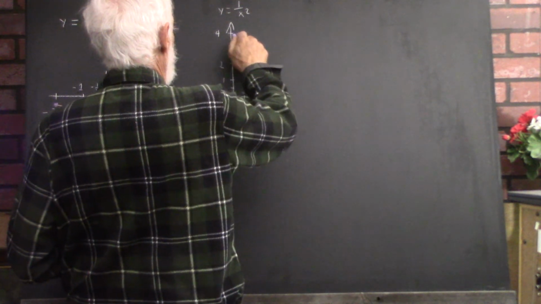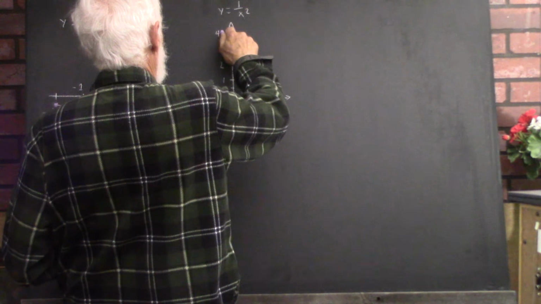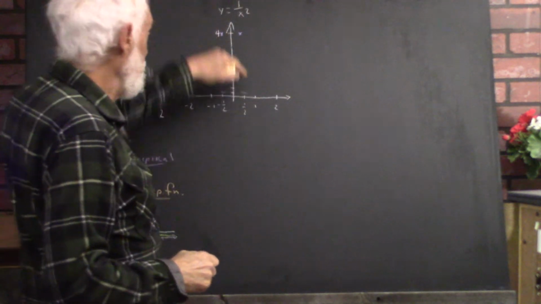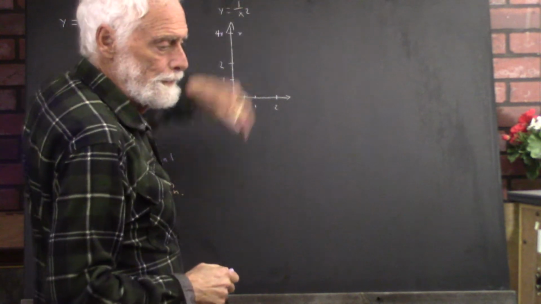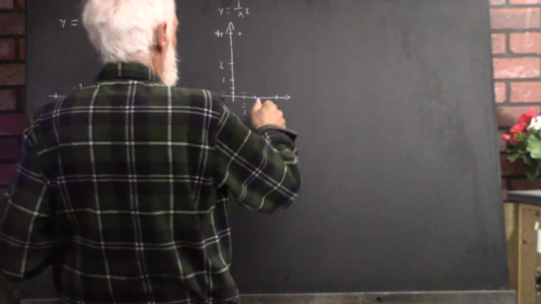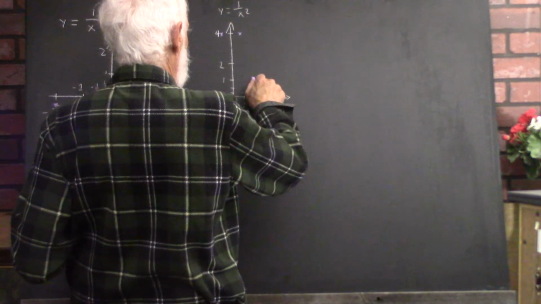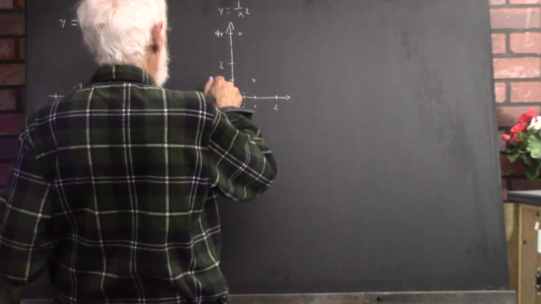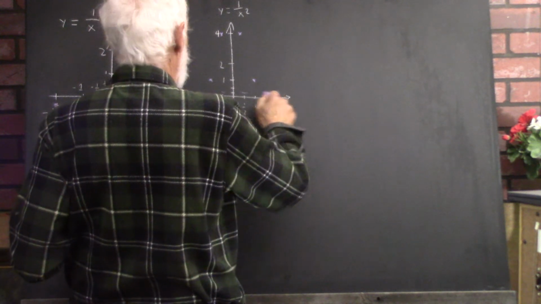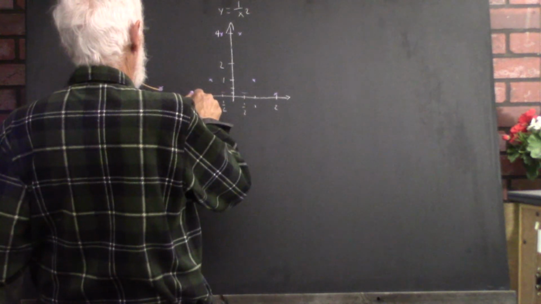Apparently I can't talk and think at the same time. But then, okay, the values at 1/2 and -1/2 are 4, not 1/4. Then we have 1, 1, and -1, 1, and 2, 1/4, and -2, 1/4.